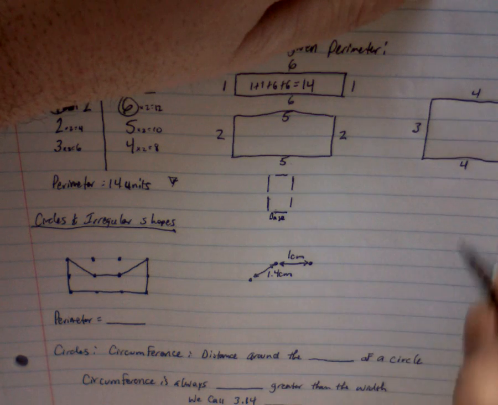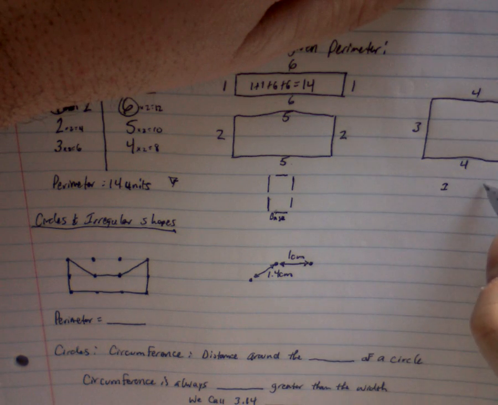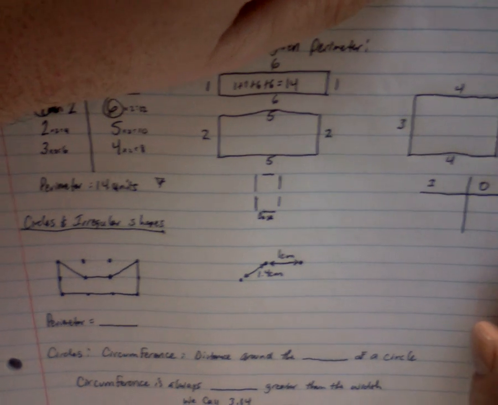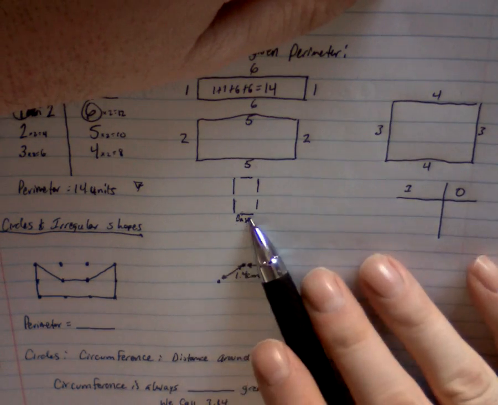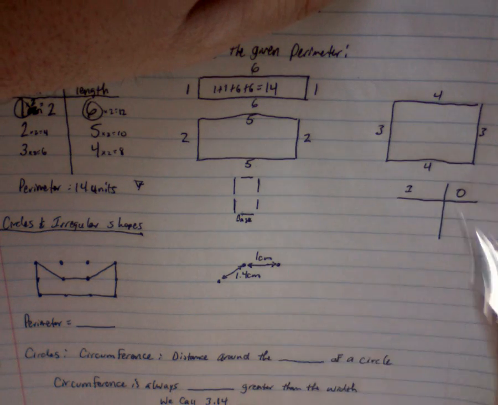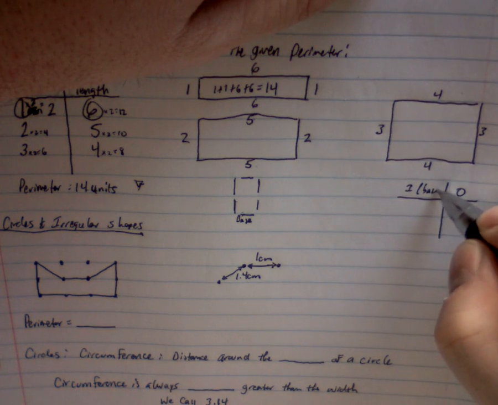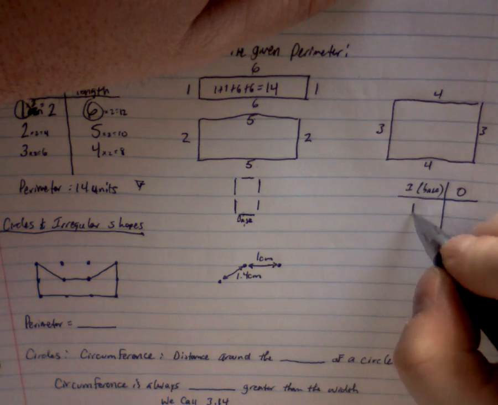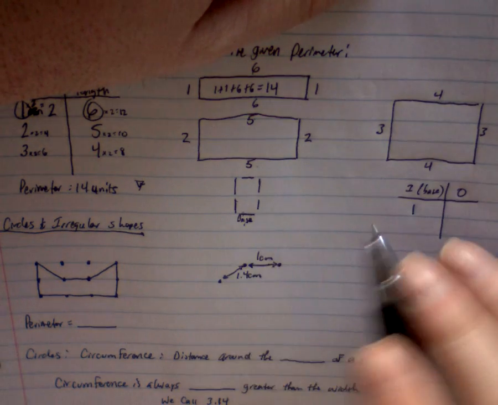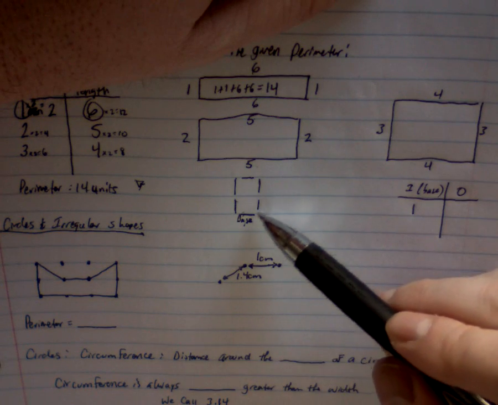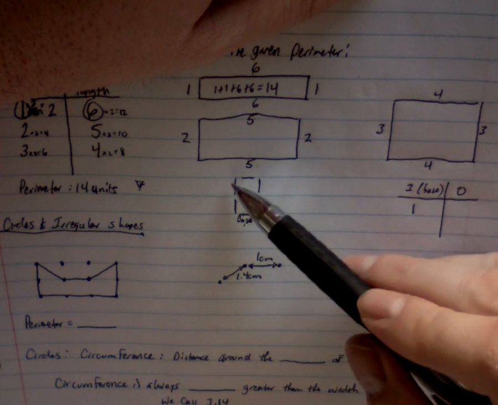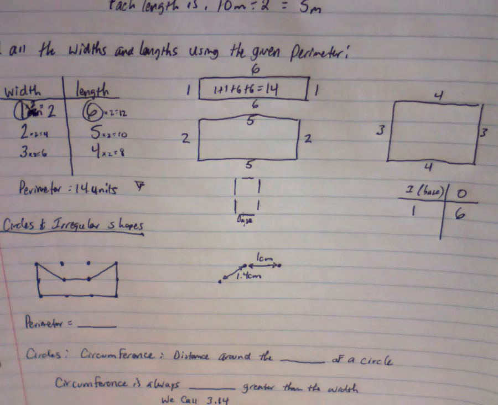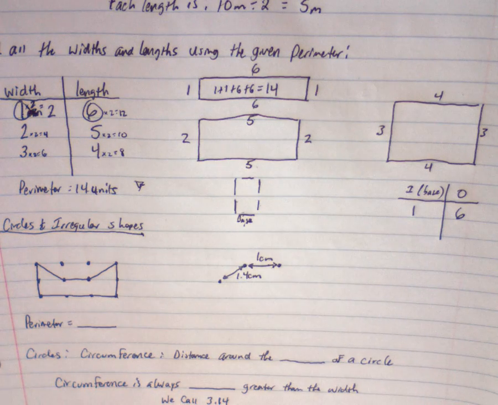So I'm just going to put input, output. When we have an input, which is the base, how much is in the base? How many popsicle sticks? That would be 1. So when we have 1 as an input, we can build and use 1, 2, 3, 4, 5, 6. So 6 is the perimeter. The output is the perimeter.